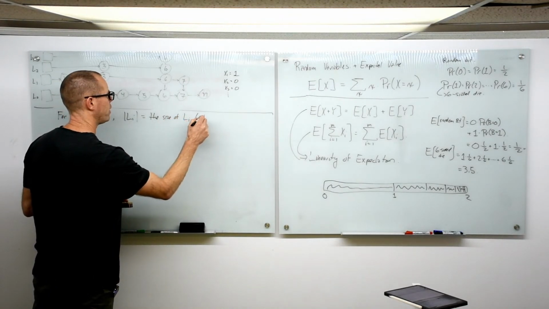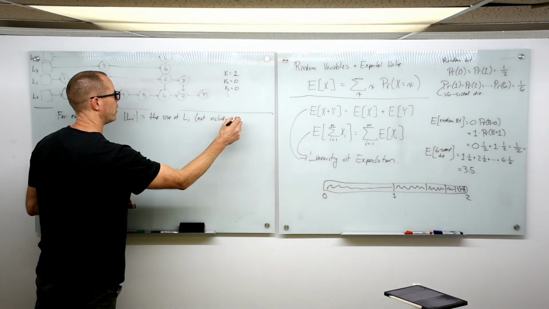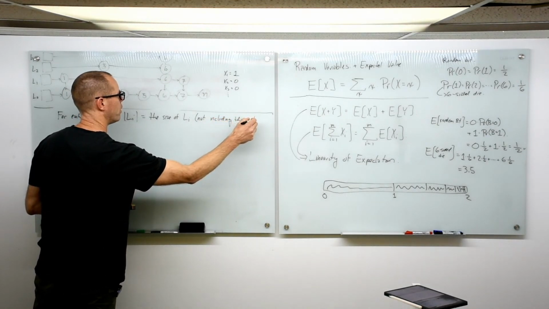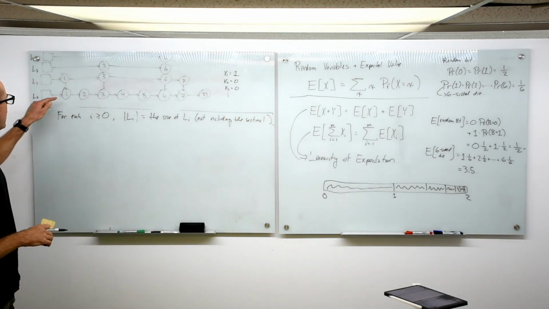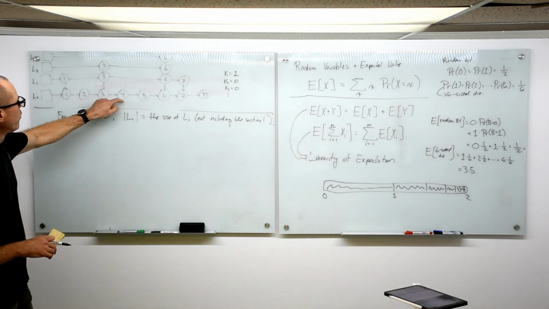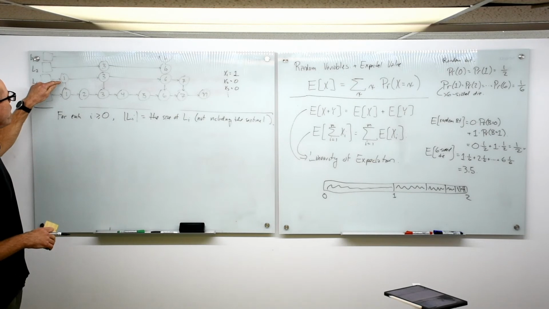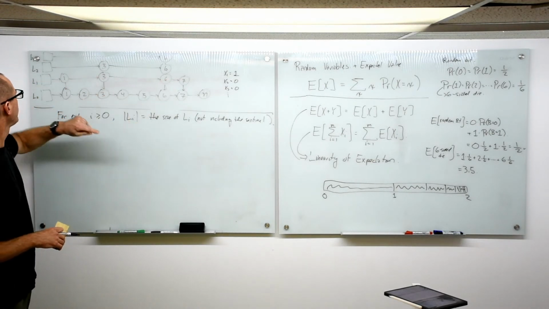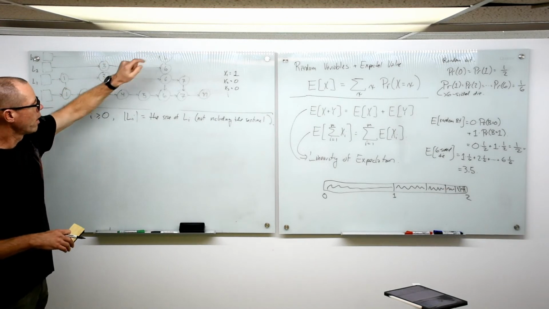And that's not including the sentinel. So in this case, the size of L0 is 1, 2, 3, 4, 5, 6, 7, 8. The size of L1 is 1, 2, 3, 4. The size of L2 is 2, and the size of L3 is 1.